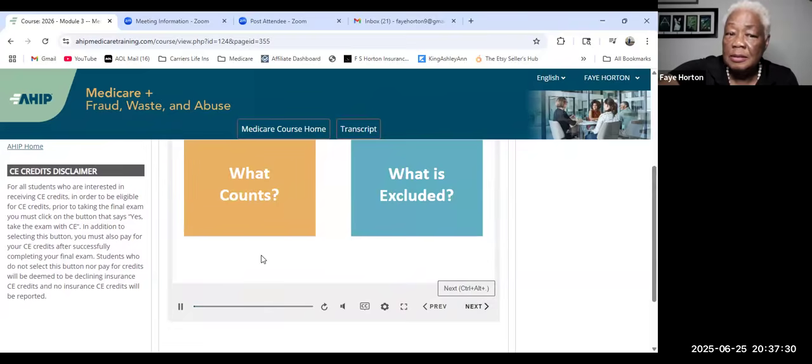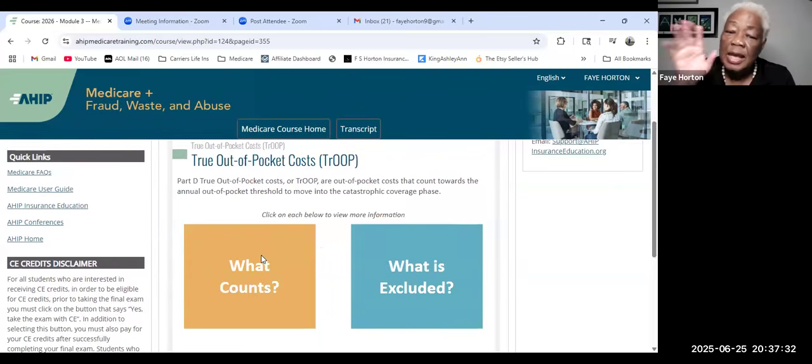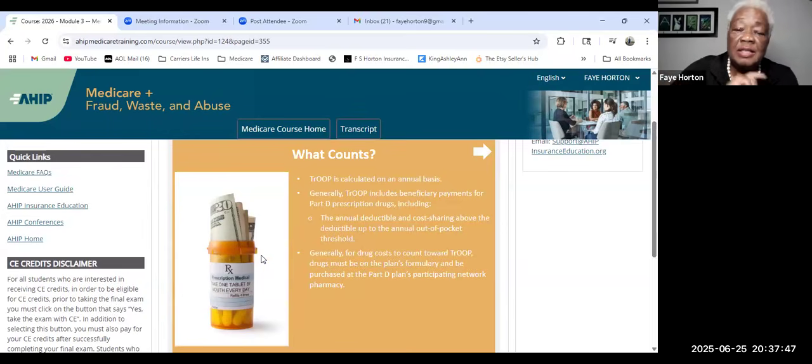True out-of-pocket costs. What counts and what doesn't count? The true out-of-pocket costs are out-of-pocket costs that count towards the annual out-of-pocket threshold to move the individual into the catastrophic phase. So what counts?